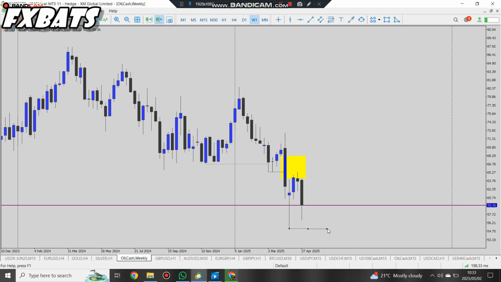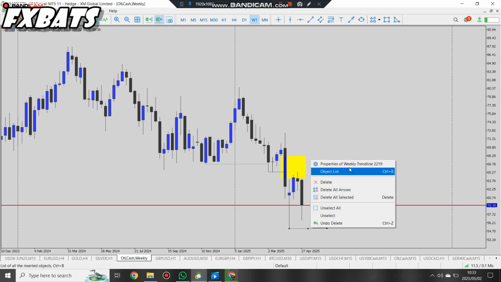So our draw on liquidity is this swing low. This is where I'm expecting to put my target. I'm hoping to swing it, though I'm just waiting for a re-entry. I took it from here and then I jumped it somewhere around 63 point something.